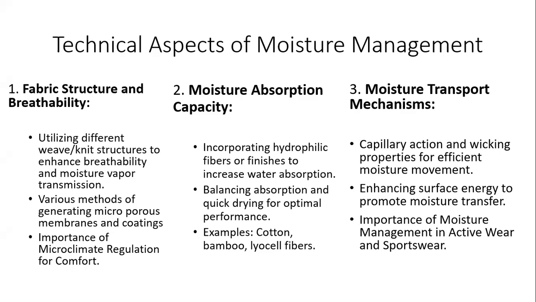Sometimes with coatings, when they absorb moisture, certain hydrophilic functional groups expand, so it will engineer the micropores. It will decide what the micropores should be once you absorb the moisture. So the engineering of fabric structure and breathability through various methods of micropore generation is also used by the textile industry.